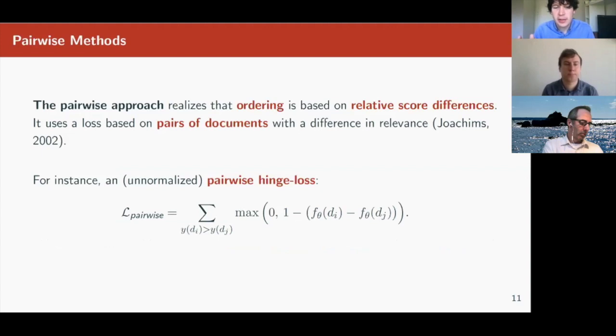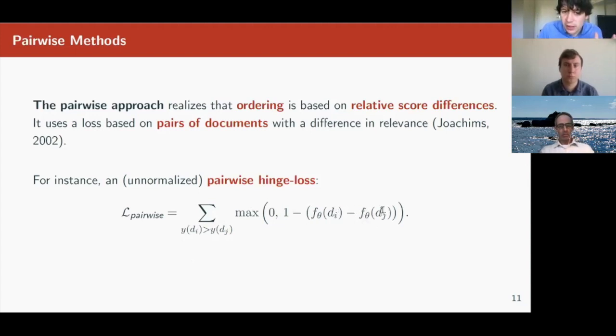Now you can see this method is almost 20 years old, but it's very straightforward. We see here a pairwise hinge loss. And the basic idea here is that we sum over all the pairs where one document is more relevant than another document. And then this hinge loss over here is going to push the score of the relevant document to be greater than the less relevant document.